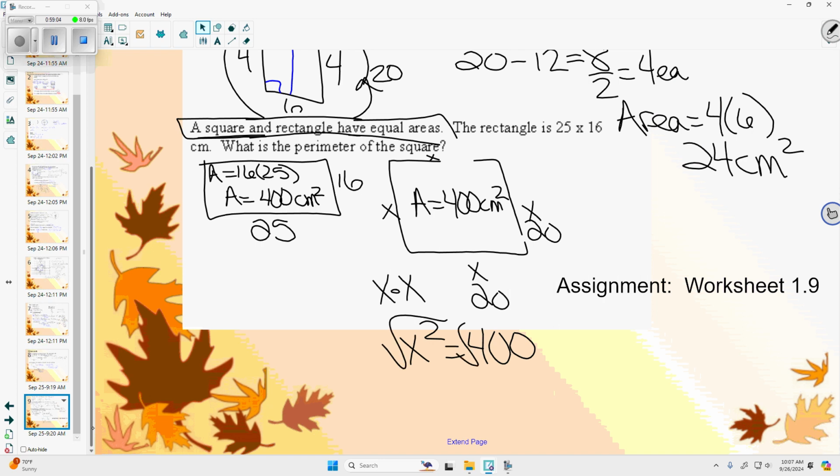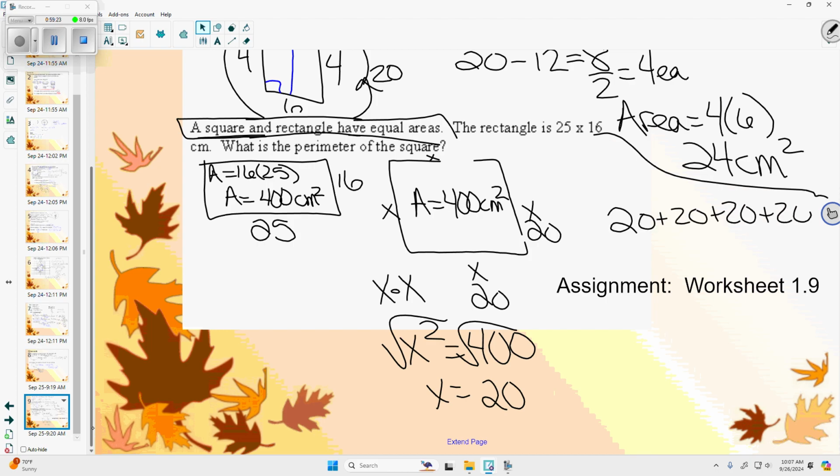Find the square root. That's how we're getting a 20 there. But then the question asks for the perimeter, right? Yeah. What do I have to do to finish this problem? There it is. Which gives us a total of? So there's my final answer.